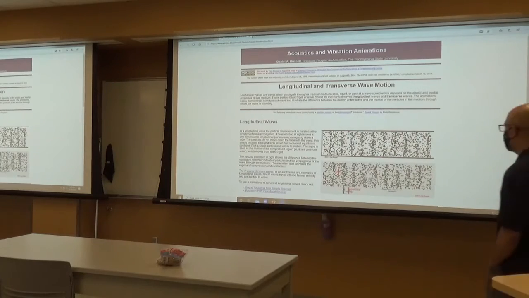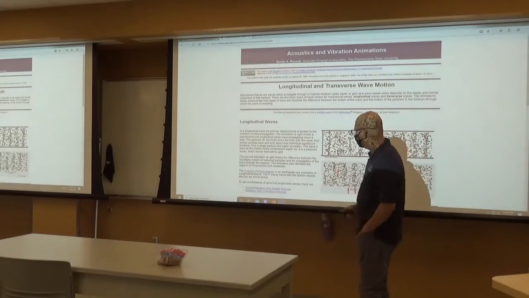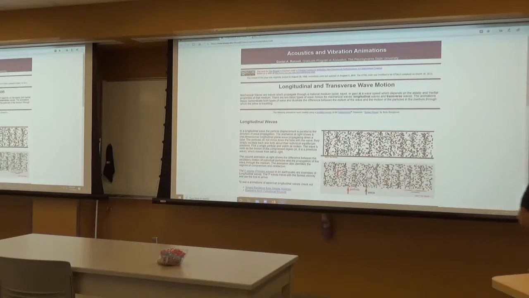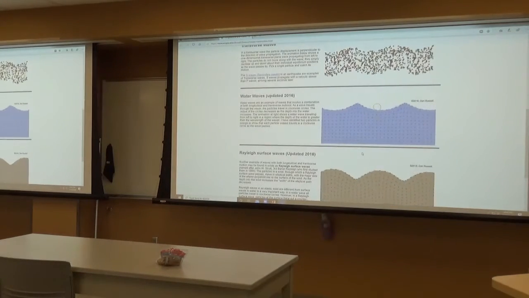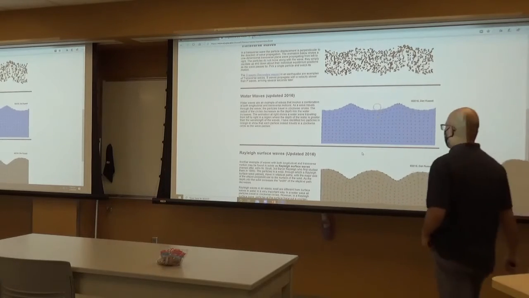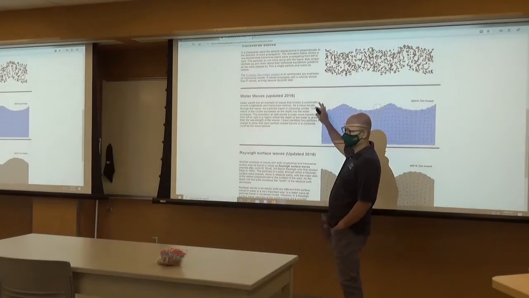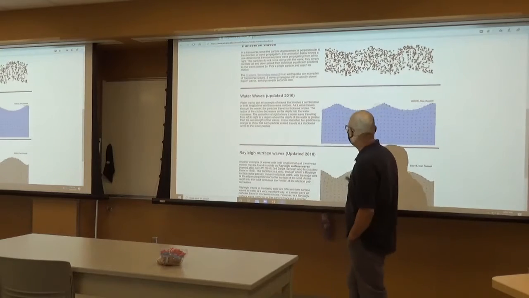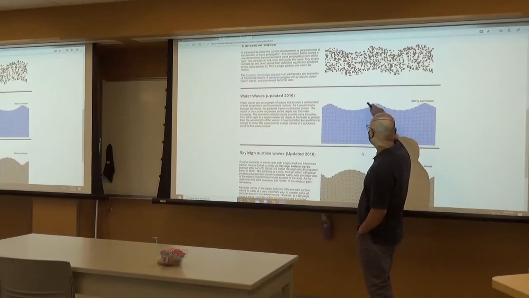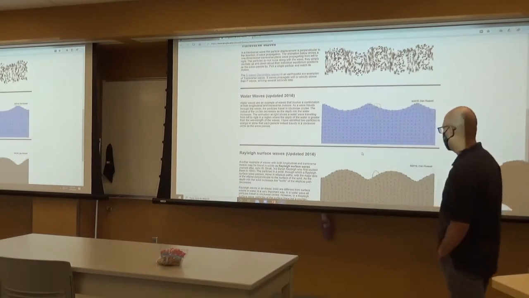So you see here, basically you produce some disturbance in some medium, and then the disturbance is propagated in the medium.